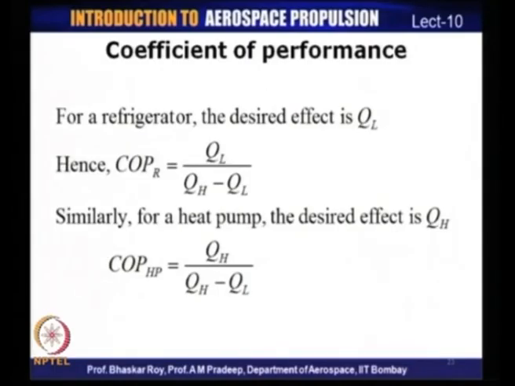For a refrigerator, the desired effect is QL, and therefore the COP of a refrigerator is QL divided by QH minus QL. Similarly, for a heat pump, the desired effect is QH, and therefore the COP of a heat pump is QH divided by QH minus QL. And so, the coefficients of performance of the refrigerator and heat pump differ by the desired effect. In one case, it is QL, and in the other case, it is QH.